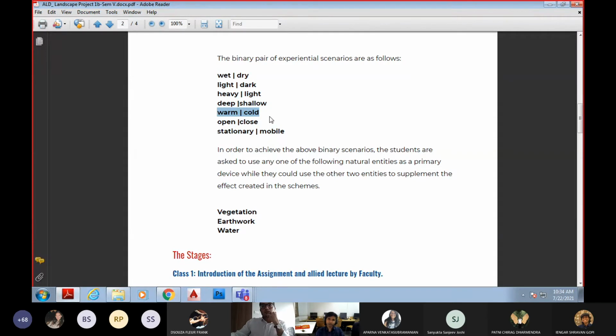So if it's water, he doesn't have to place the same site. All he has to do is take the essence of that site and transfer it into this patch of land.